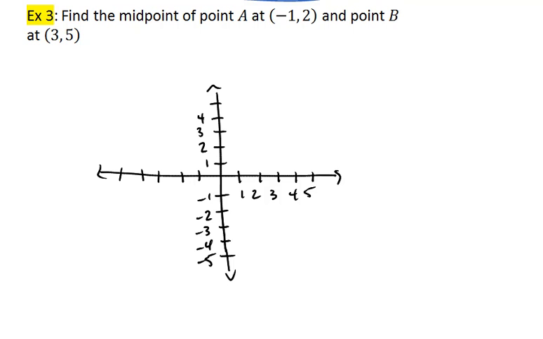If you don't label your axes and number them, no one who looks at your graph will know what you're talking about. We'll want to plot our points. A is at -1, 2. And B is at 3, 5.